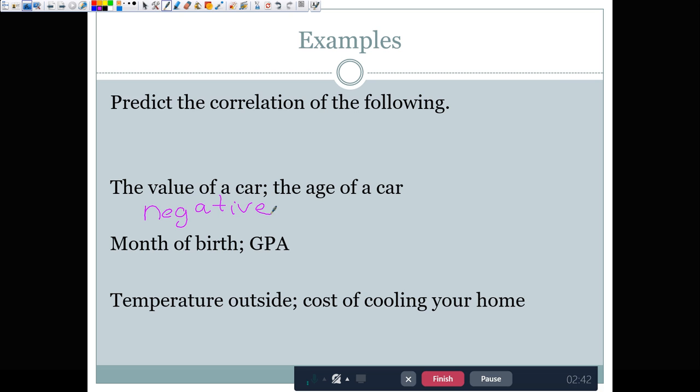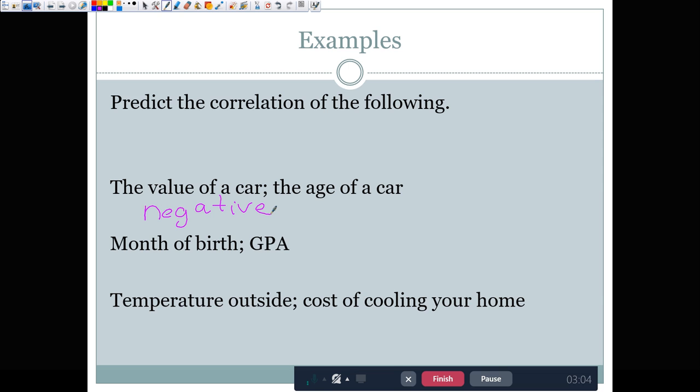Most cars, as they get older, cost less money, except for classic cars and things like that, okay? That's a rare occasion, and those would be considered outliers. We haven't talked about those yet, and we won't until later, okay?